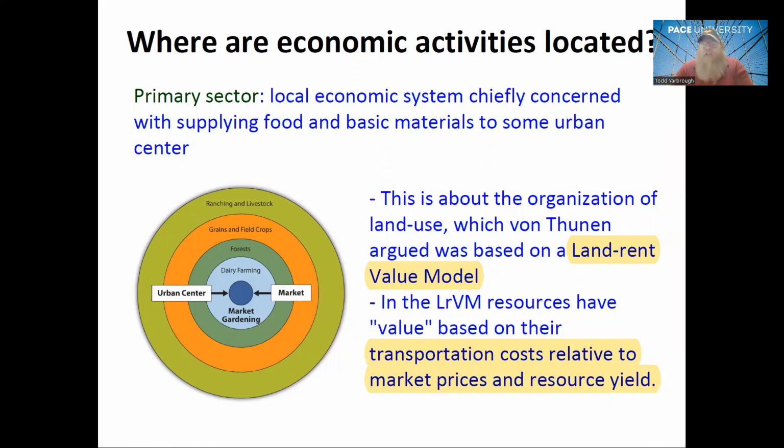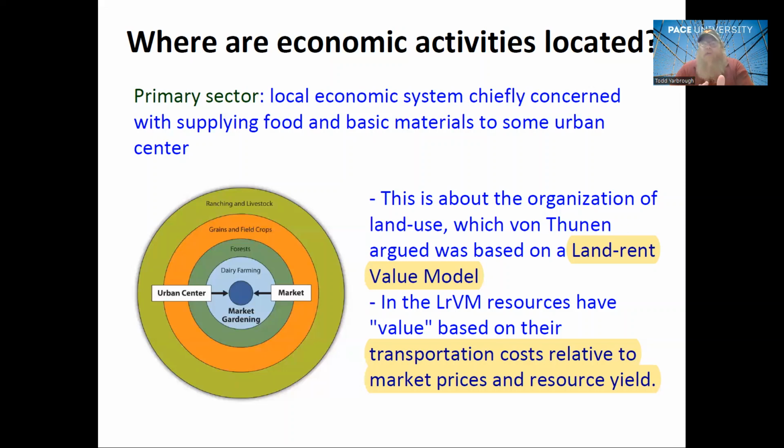Primarily, his theory dealt with agricultural resources, but we can also apply the land rent value model to a general conversation regarding resources. We can even extend the conversation to other natural resources like the location of fresh water and so on and so forth.